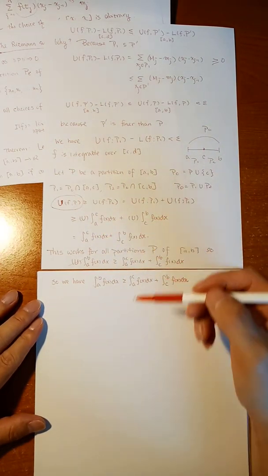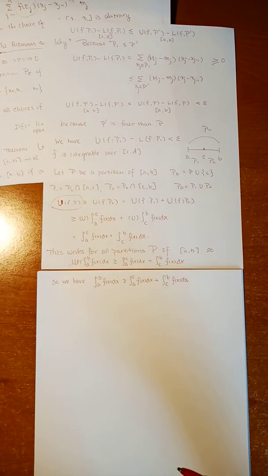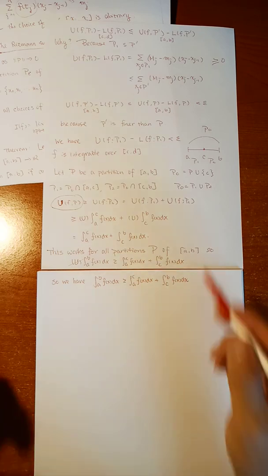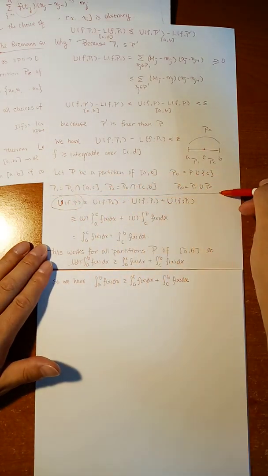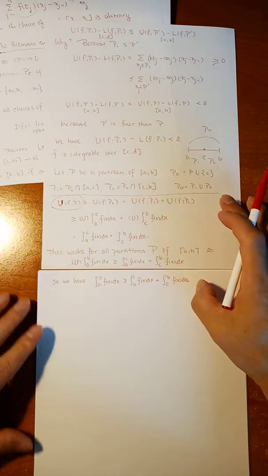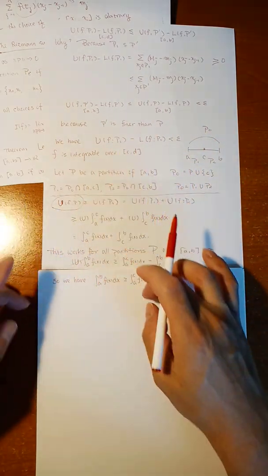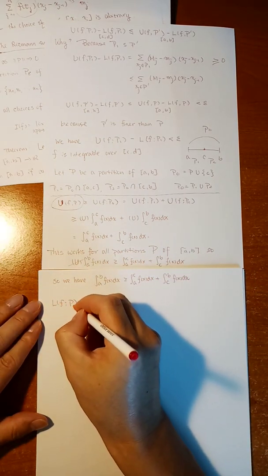We are going to do a similar argument for the lower sum. And here we're going to keep the setting P, P0, P1, P2 fixed. We only discuss the upper sum and lower sum separately. Okay, the lower sum is this one.